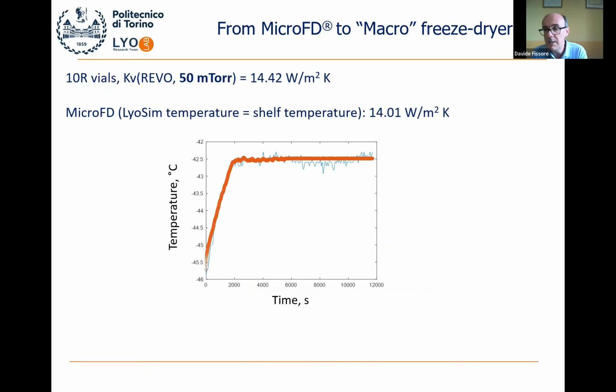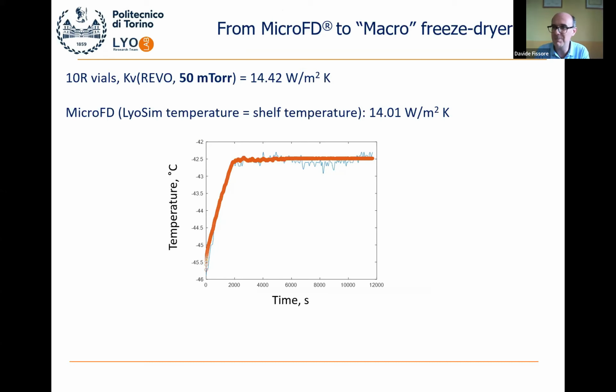Here is an example of results. 10 are vials processed in a pilot scale unit, and 14.4 is the value of KV. I carry out the test in MicroFD without paying attention to isolating temperature. I set it equal to shelf temperature. No problem at all. I measure the temperature and the weight loss. I use a model.